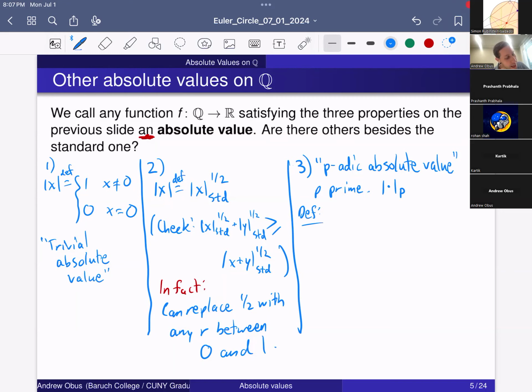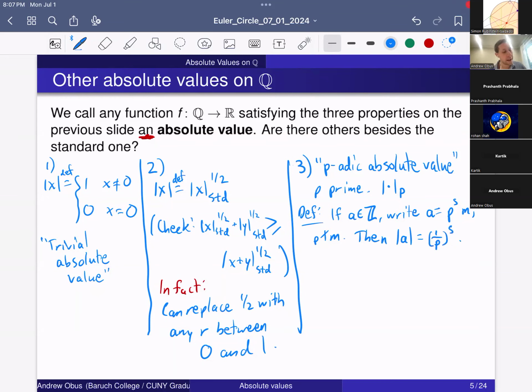And the definition is, well, if a is in Z, then write a as p to the s times m, with p not dividing m. So basically take out the number of factors of p that you see, and then you define that the absolute value of a is equal to 1 over p raised to the s.